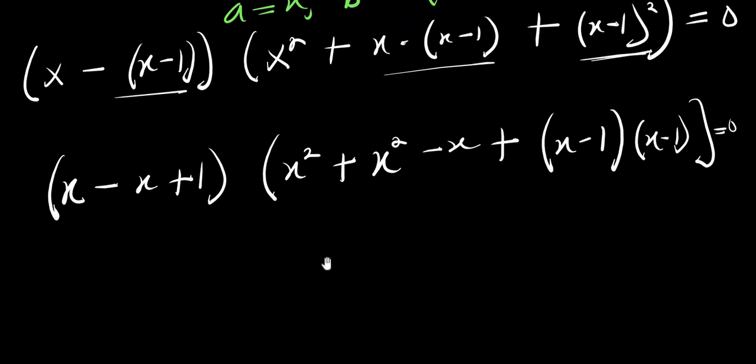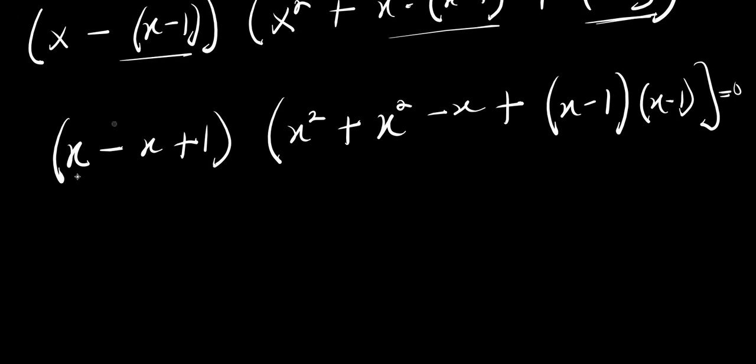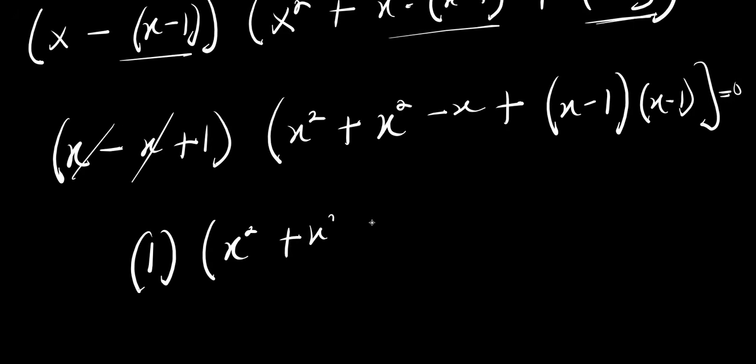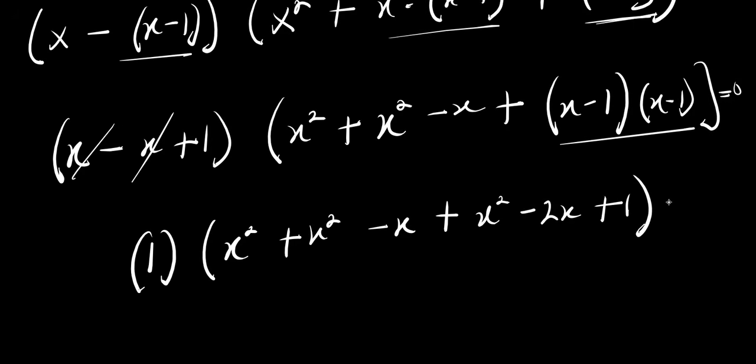So from here, let's cancel this. We have 1 times x squared plus x squared minus x plus, to expand this, x squared minus 2x plus 1. This equals 0. Just need to expand this.